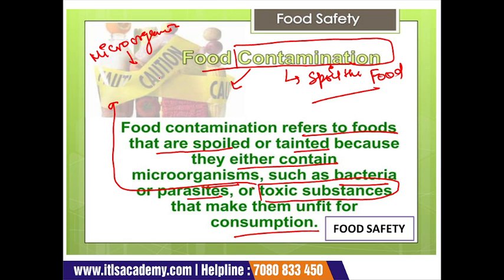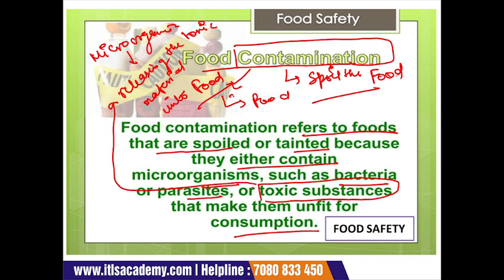Sometimes microorganisms spoil the food by releasing toxic material into the food, and this toxic material spoils the food. Or sometimes some chemicals also spoil the food.